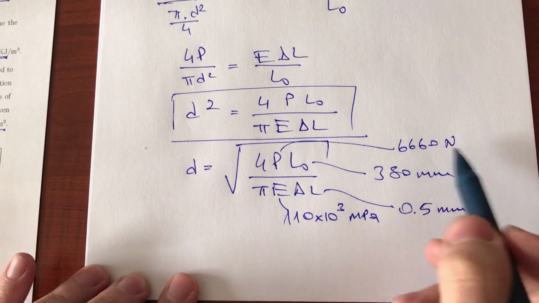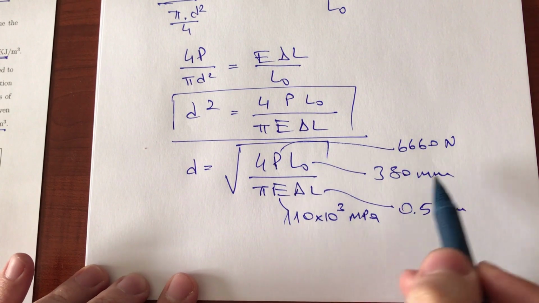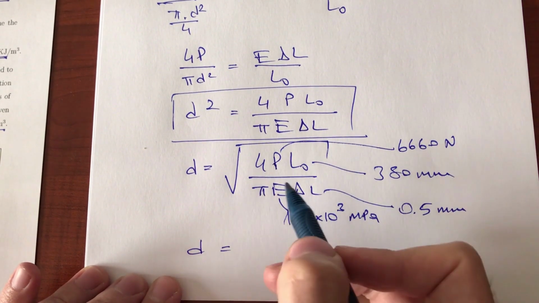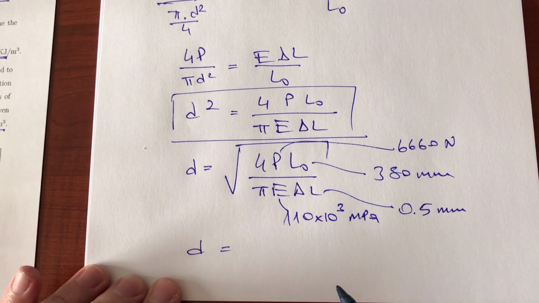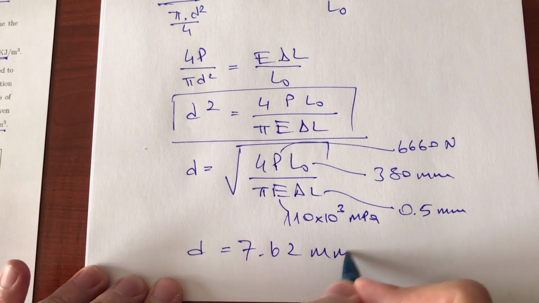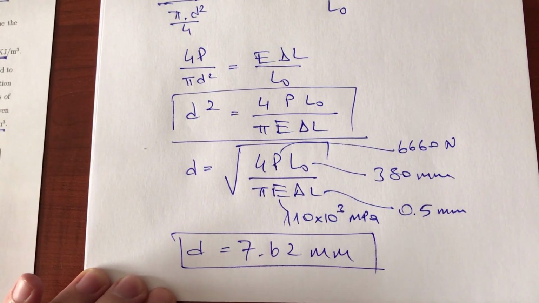So if you check the units, all units cancel out, only millimeter square is left, and square root of millimeter square is millimeter, and the numerical value is 7.62 millimeters for the allowable diameter.